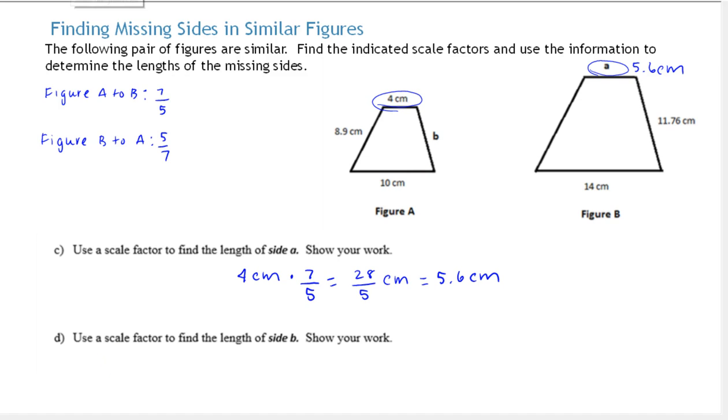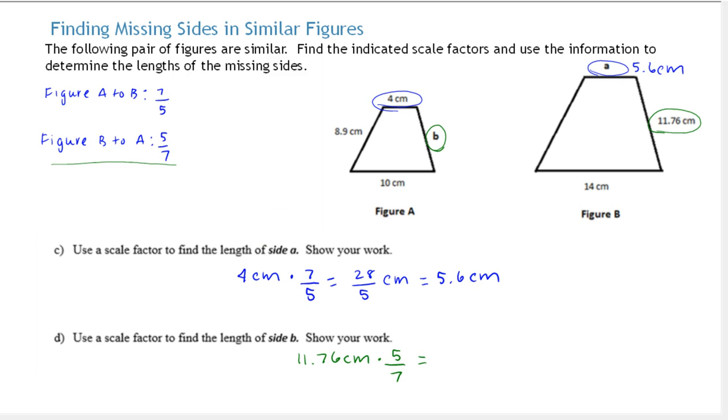Now let's change colors and do the next question. Use a scale factor to find the length of side B. Show your work. Here's side B. The corresponding side in figure B is 11.76 centimeters. So, to go from figure B to figure A, I use the scale factor of 5/7. So I'm going to take 11.76 centimeters times 5/7.